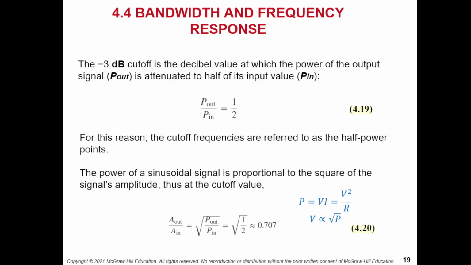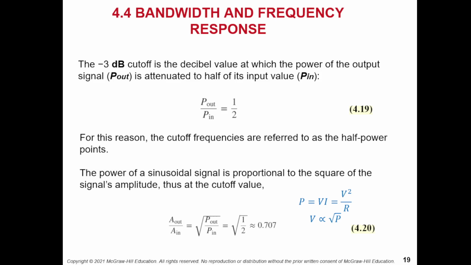So A out divided by A in is equal to the square root of the power, and we define the corner frequency when this ratio is 0.5 in power, that is 1 divided by square root of 2, close to 0.707.